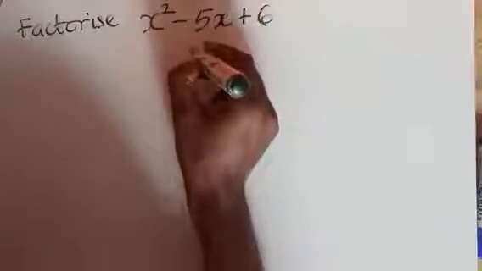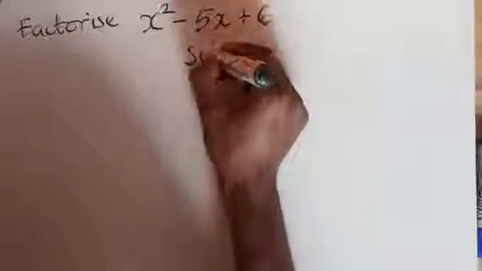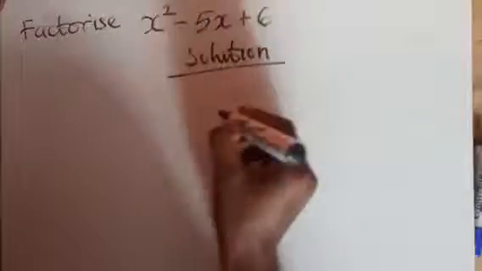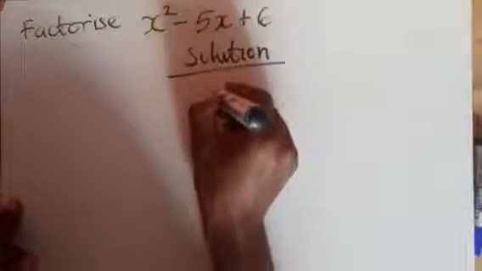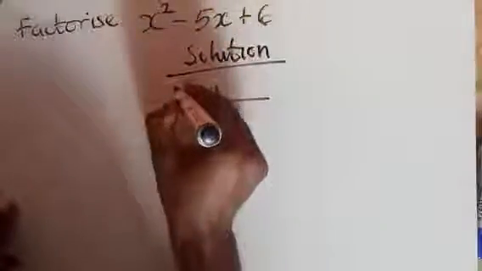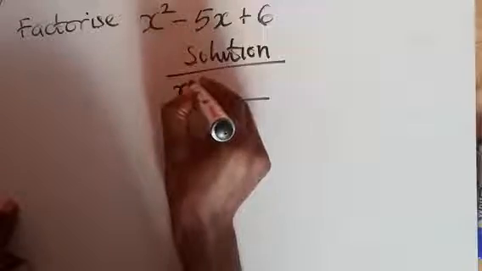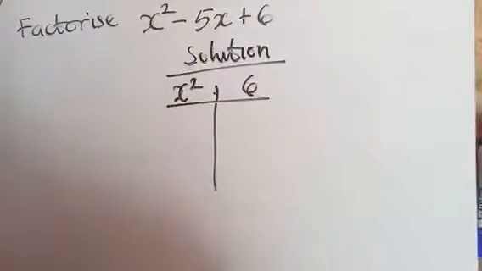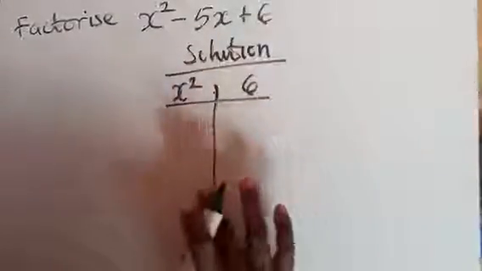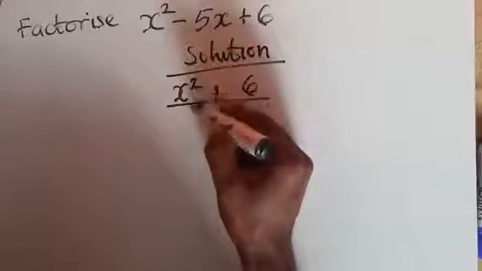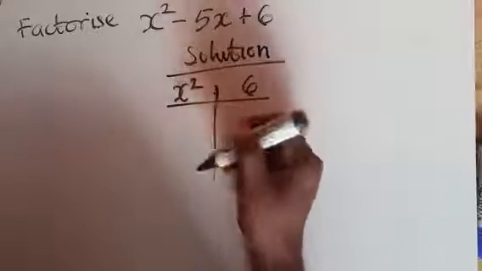So we use the tree, we draw our simple tree, then we put in x squared here, then 6. Okay, good.